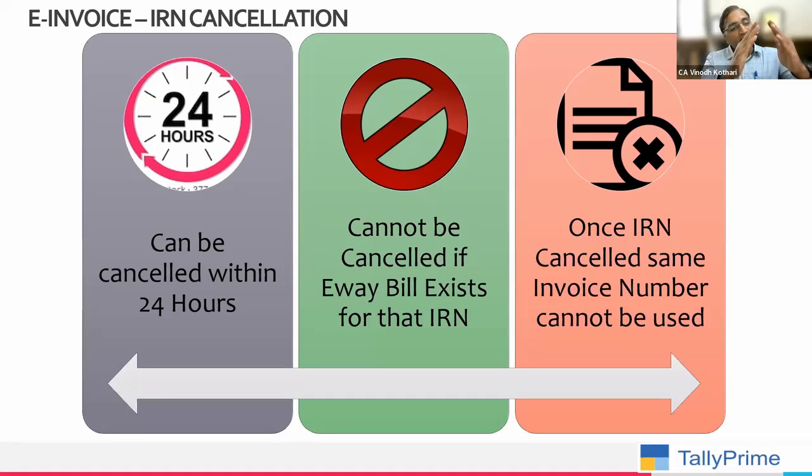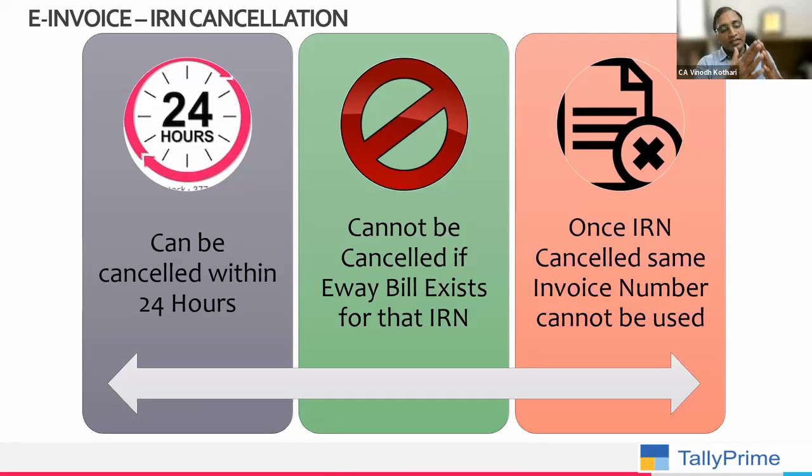If you have generated an e-invoice, along with the e-invoice you may have generated an e-way bill, right? Normally Tally gives you an option: you can generate e-invoice and e-way bill together. You generate the e-invoice, the e-way bill is immediately generated, and you send the goods along with the invoice.